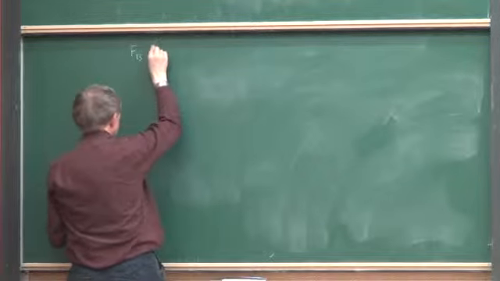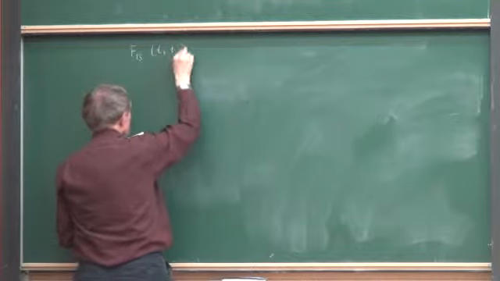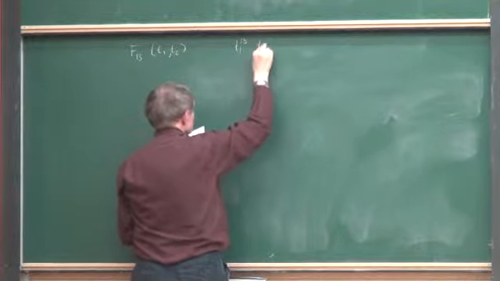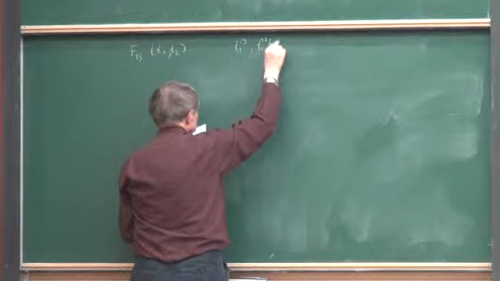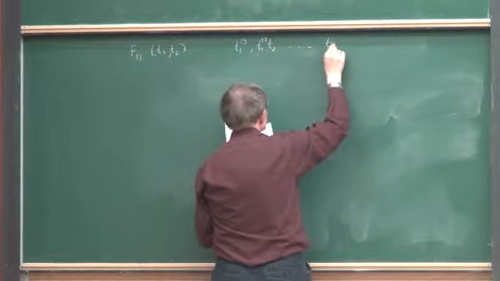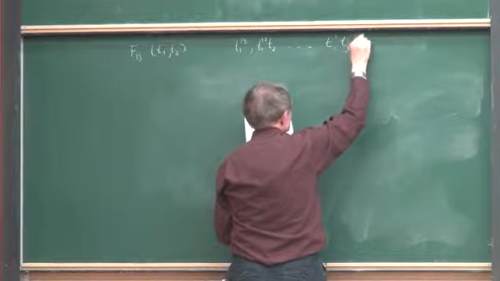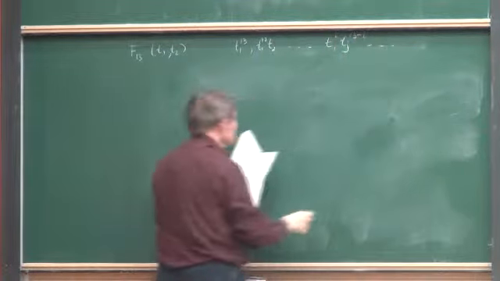This F13 came from T1, T2, and so it's the sum of terms like T1 to the 13th and T1 to the 12th T2, and so on: T1 to the ith, T2 to the 13 minus i, and so on.